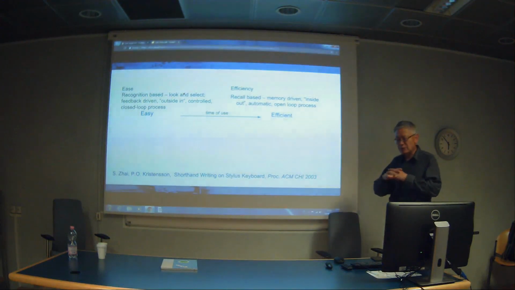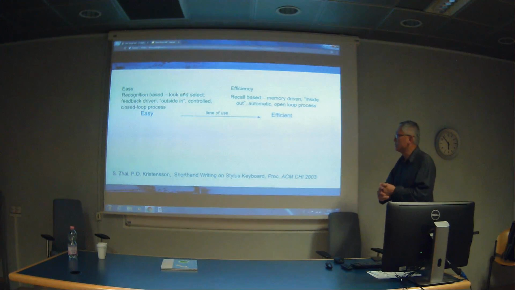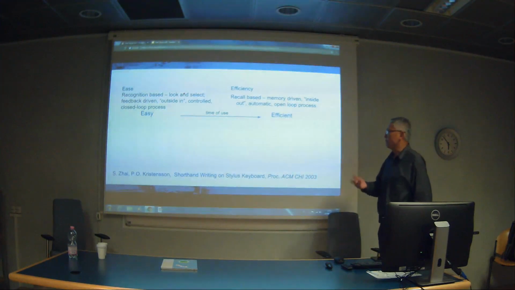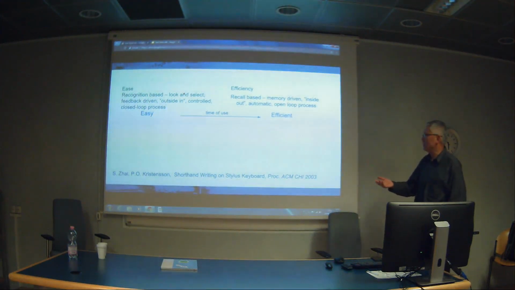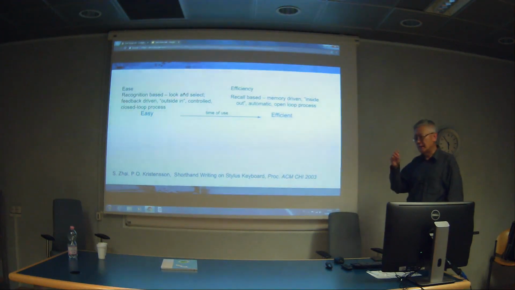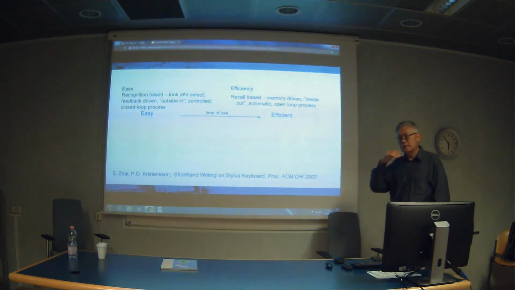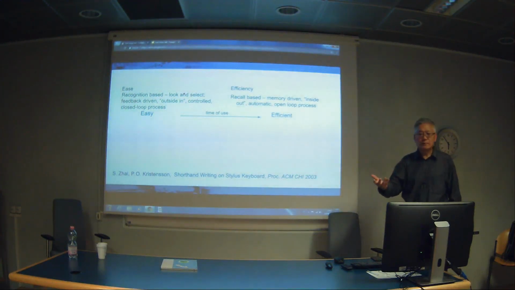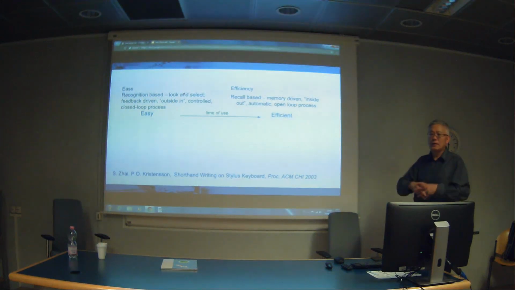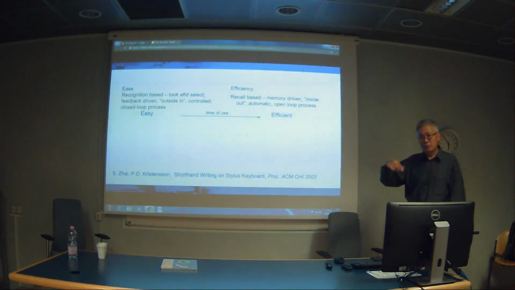we also needed to understand the cognitive memory aspects of human performance. And there's a lot to be said about human learning and human memory. But one fairly well understood piece of knowledge is that high performance skills, like riding a bicycle, like typing, like sports, all tend to be well practiced but recall driven.